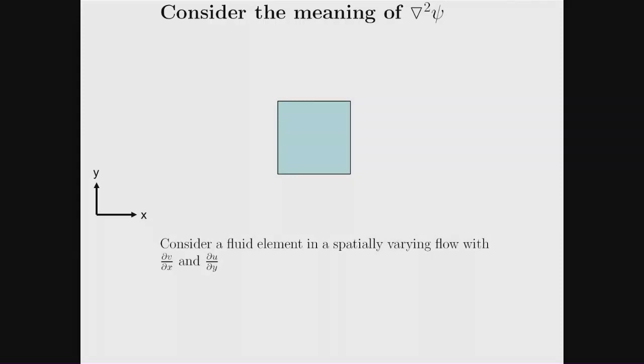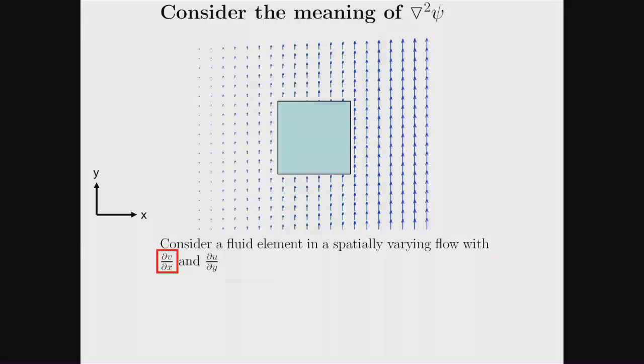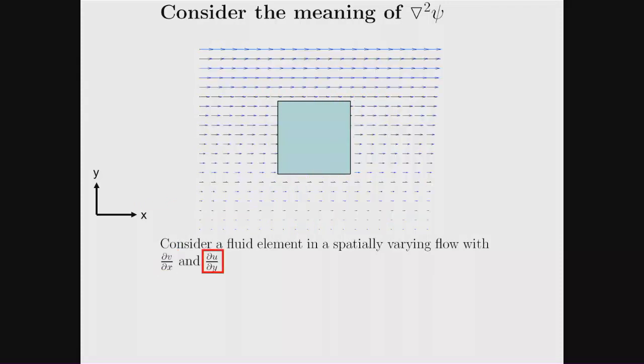I have a fluid element here in a spatially varying flow where there's del v del x, where as I move along my x-axis, my vertical velocity v is increasing. And I have this del u del y term here, where my velocity in the x direction increases as y increases.